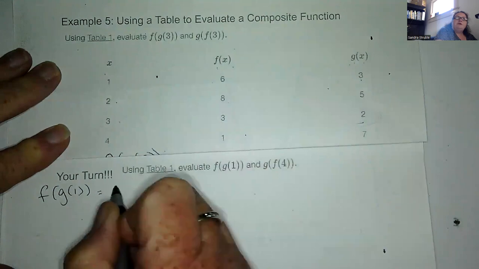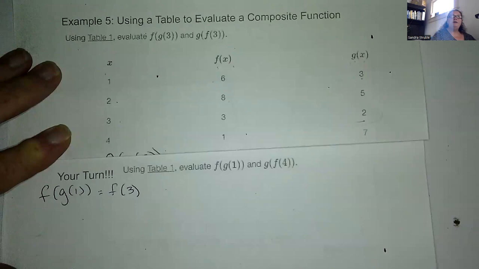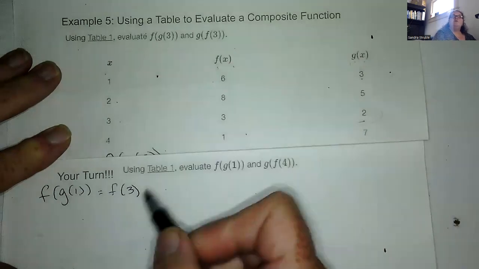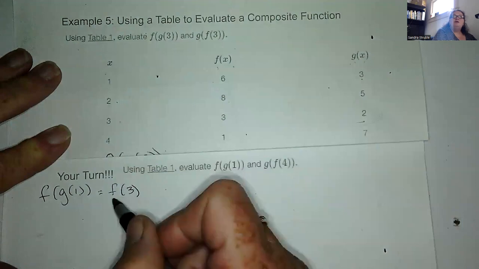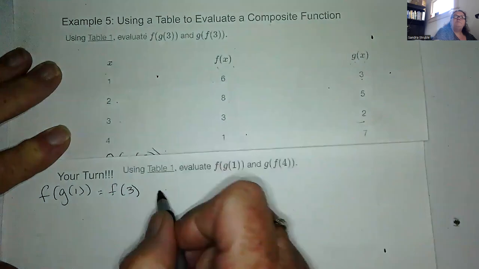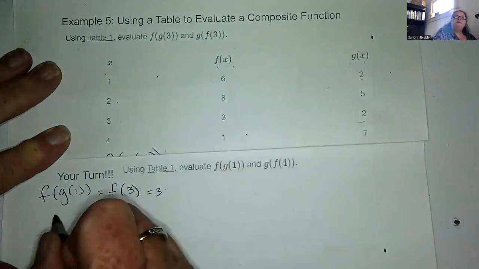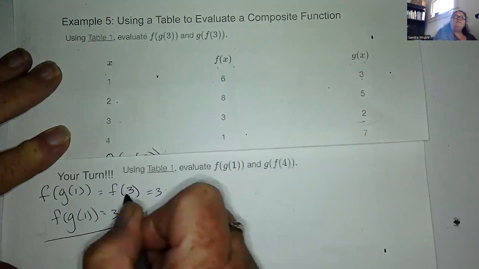So now I'm dealing with f of 3. When x is 3, what is the function f? When x is 3, function f is 3. So the final answer is f of g of 1 is 3.